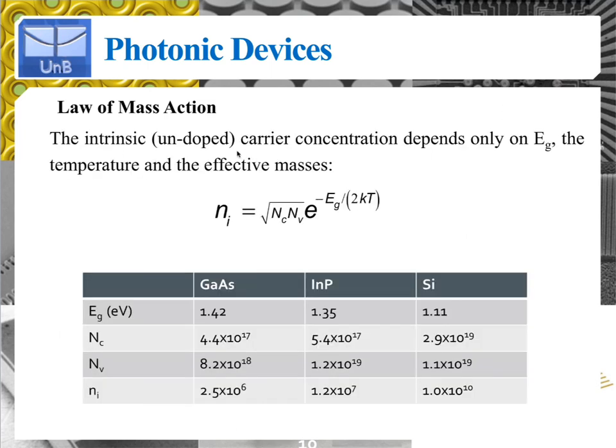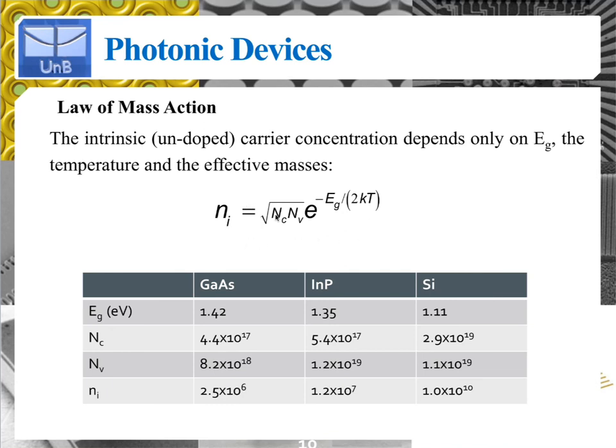The intrinsic carrier concentration depends only on Eg, the temperature and the effective masses. So this comes about from this expression which you got right here, right? Ni squared is equal to Nc times Nv times e to the power minus Eg over Kt, which gives rise to this.